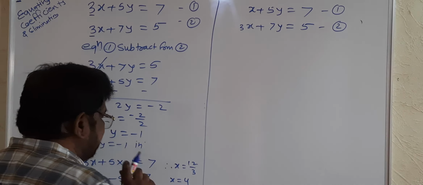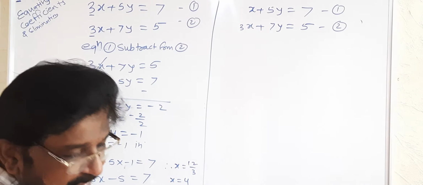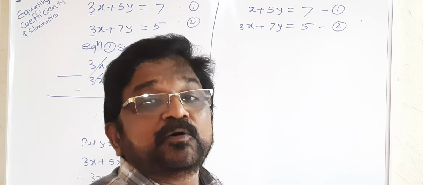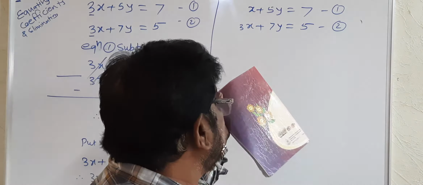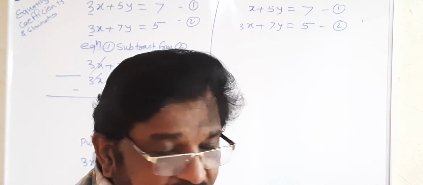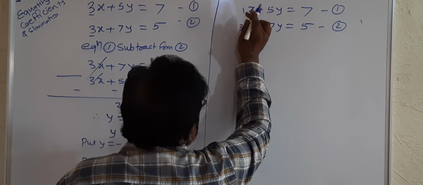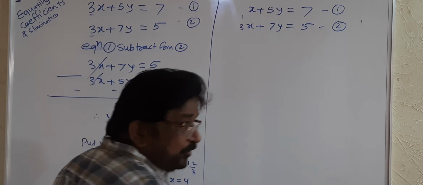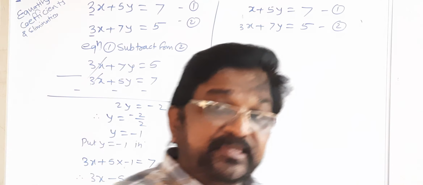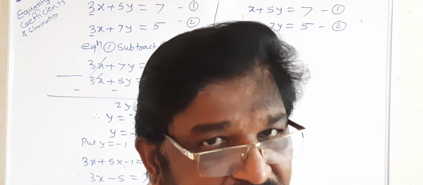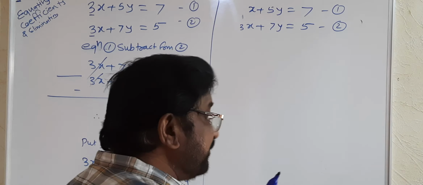So this is the simple method we studied in 9th and 8th standard. What to do in this case? See, here it is 1, which cannot be subtracted directly, but we can solve it by equating the coefficient. How?